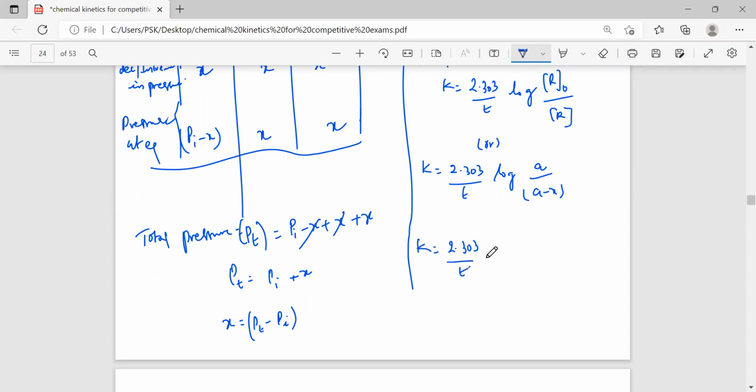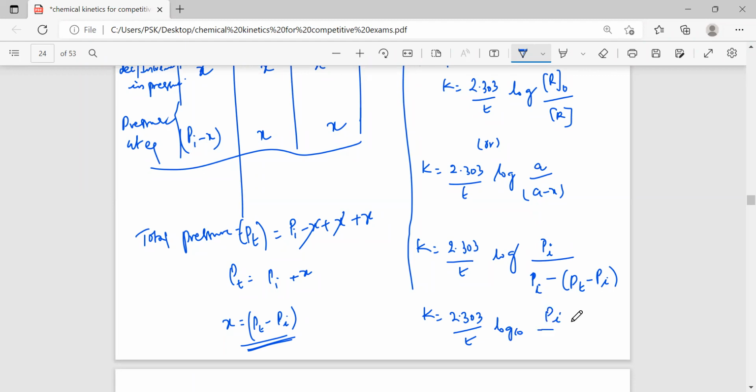2.303 by T log of A, the initial concentration. Initial concentration we have represented as Pi, divided by initial concentration Pi minus X. We found out X here, it is Pt minus Pi. So on simplification, what we will get? K is equal to 2.303 by T log to the base 10 of Pi divided by, I'll open up the brackets, minus Pt plus Pi I will get.